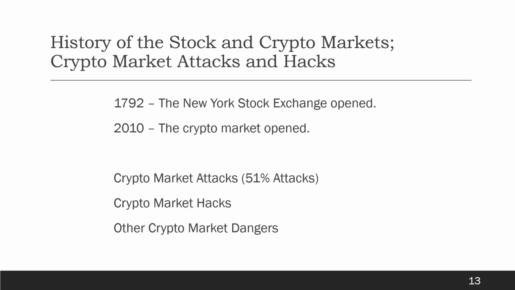In 2014, Mt. Gox, G-O-X, then the largest Bitcoin exchange, got hacked for nearly $473 million. Then it went bankrupt. In 2017, Tether announced it was hacked, losing $31 million.